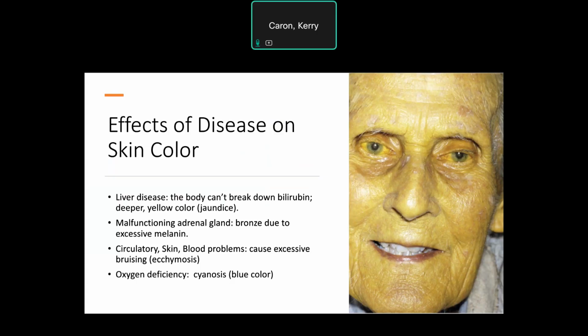Ecchymosis is a fancy word for bruising, and sometimes with excessive bruising or blood circulation problems, you can end up with cyanosis or blue color.